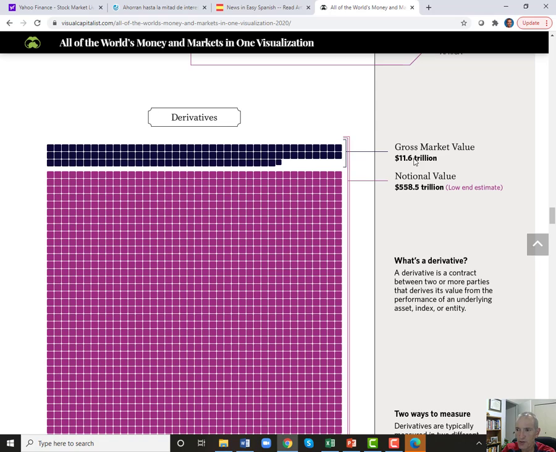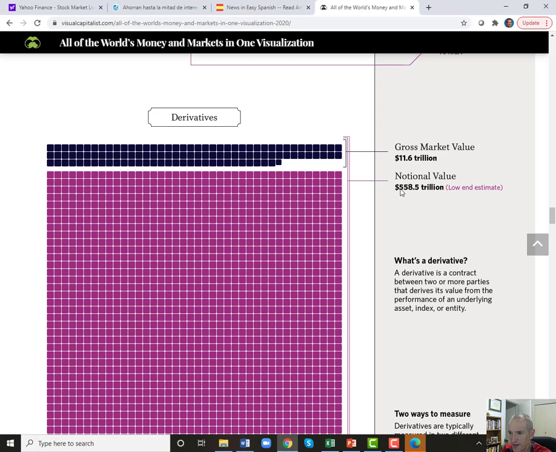But look at the notional value. The notional value, this is the low end estimate because we really don't know. No one actually reports this. There was a lot of talk with some of the reform bills from 2008 that we need to start reporting these notional values. We need to know what they are. But these are over-the-counter transactions, a lot of them, so we don't actually know for sure what the true notional amount is.